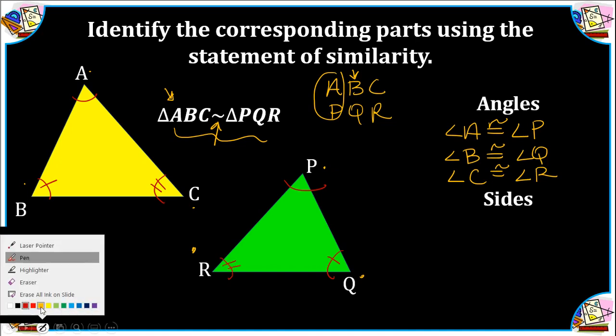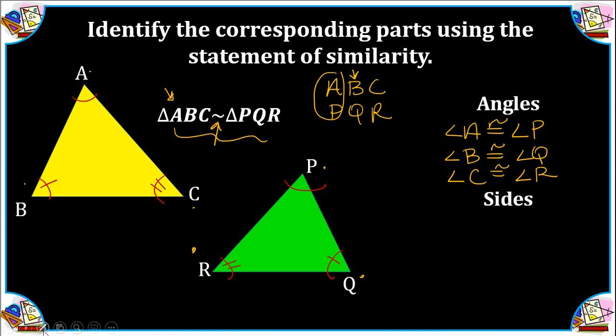Now let's take a look at our corresponding sides. I'm going to erase this right quick. Okay, so we have AB corresponds to PQ. Now, they are not congruent. Side AB is similar to PQ. We also have BC is similar to QR.